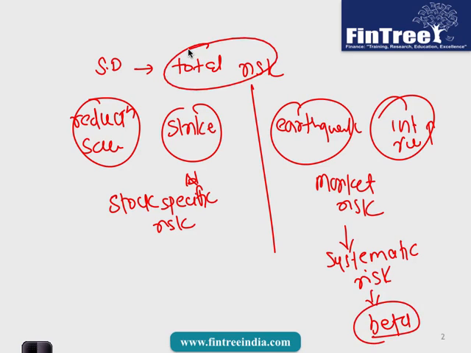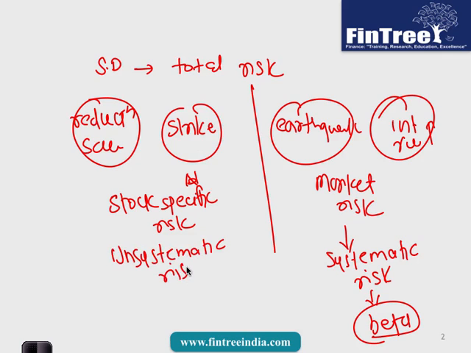The stock specific risk is called unsystematic risk. Okay, so total risk is equal to unsystematic risk plus systematic risk.